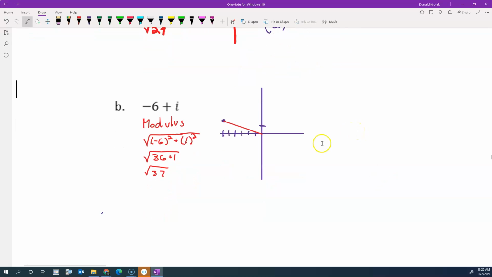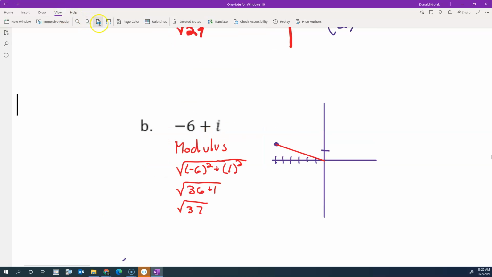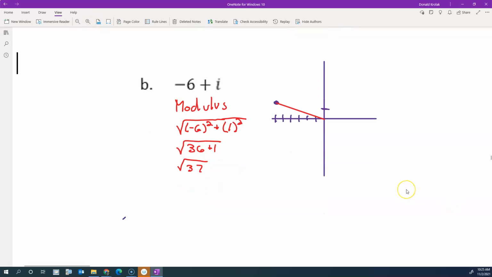Okay, so this is -6 plus i. Okay, so the angle that you're looking for to get the argument is this.